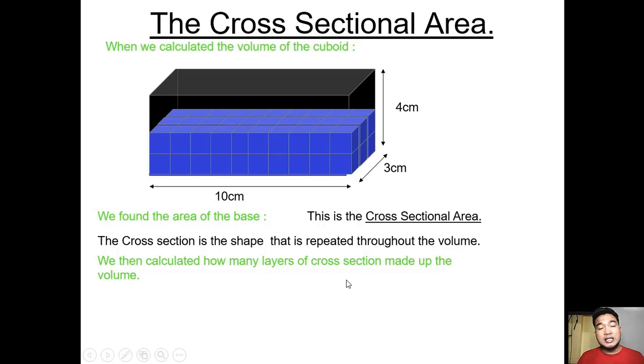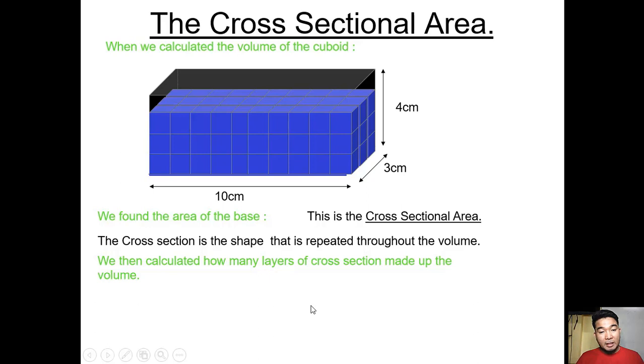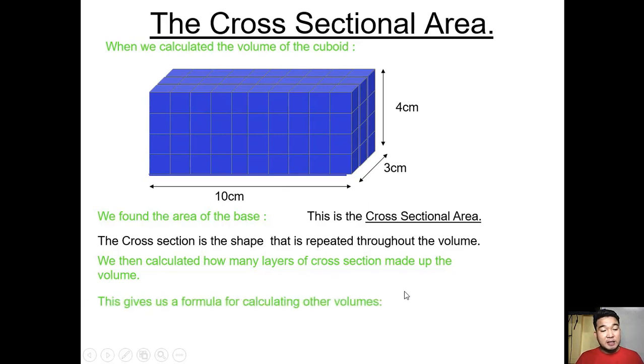And we know that each cross-sectional area is composed of 30 different cubes of 1 centimeter in all directions. So we have 3, 4. So we have 4 layers or 4 cross-sectional areas. This gives us the formula for calculating other volumes. Volume is equal to cross-sectional area times the length.